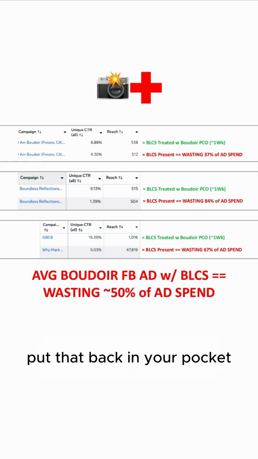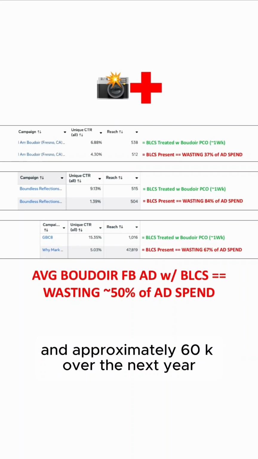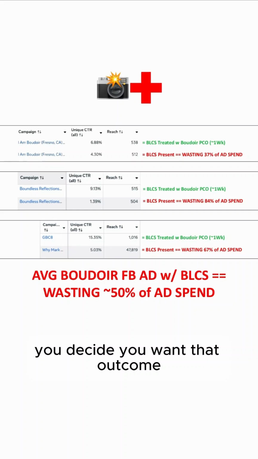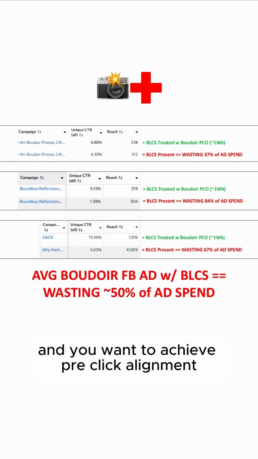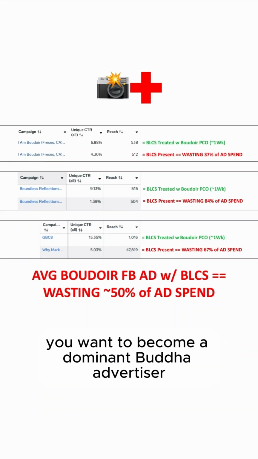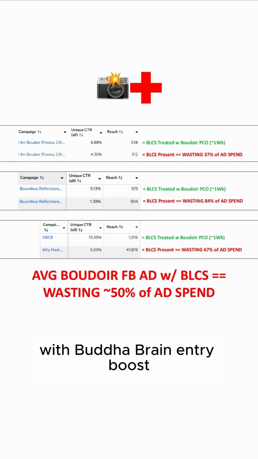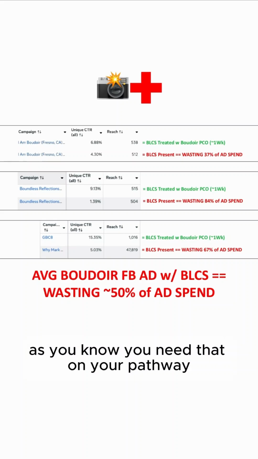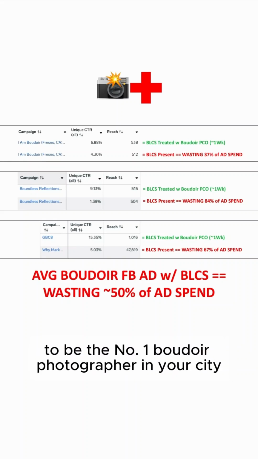Put that back in your pocket so it's not being wasted, and approximately 60K over the next year. You decide you want that outcome, and you want to achieve pre-click alignment. You want to become a dominant boudoir advertiser with Boudoir Brain Entry Boost. As you know, you need that on your pathway to be the number one boudoir photographer in your city.